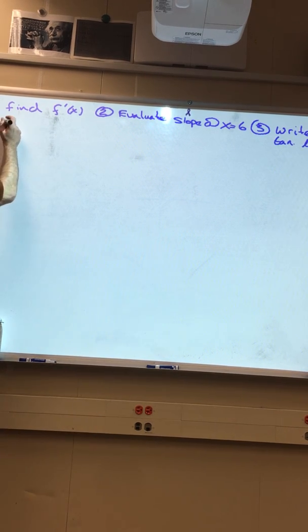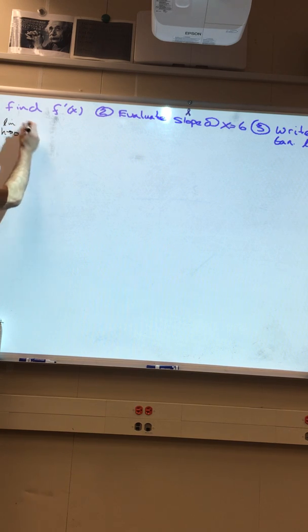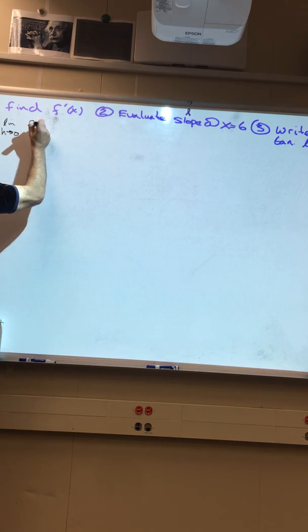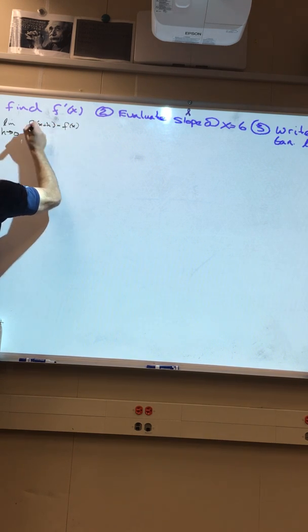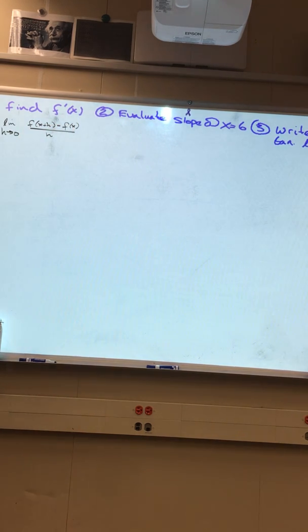To find f prime of x, I need to take the limit as h approaches 0 of the following formula: f of x plus h minus f of x, all over h. Now on your tests, on the work you turn in, you don't have to show me this every time. I can read math pretty well.